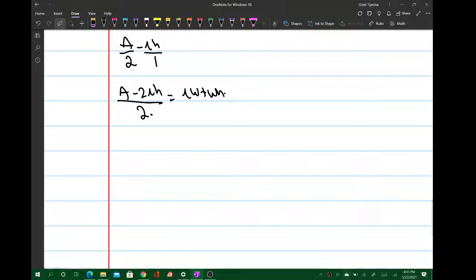And then we go ahead and factor W out. Now you can rewrite this. You can say LW plus WH equals A minus 2LH over 2, right?